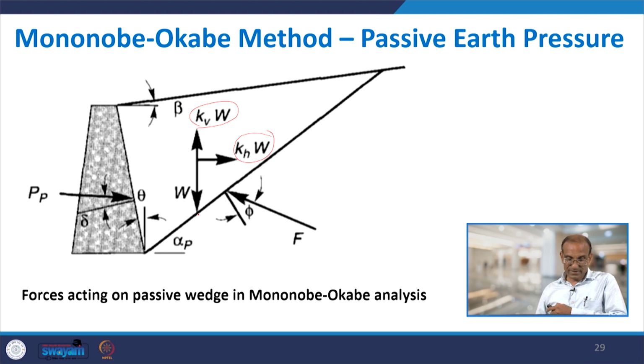W will act downward. Alpha p, now earlier PP was acting here like this, but now it is on the top here. So, this was PA, if you recall PA was acting like this, and F will make an angle. So, all are known: delta, theta, beta, phi; alpha p is not known, which can be calculated.